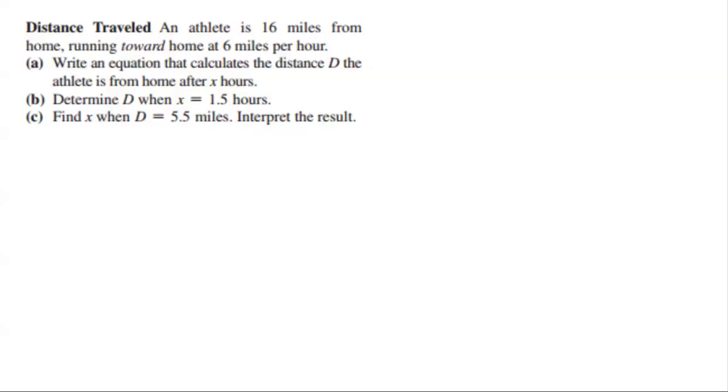Okay, so before we attack this problem, let's do a problem that's going to prep us for this one. So let's say we have Gold's Gym. So for Gold's Gym, you have a starting cost of, let's say, $100.